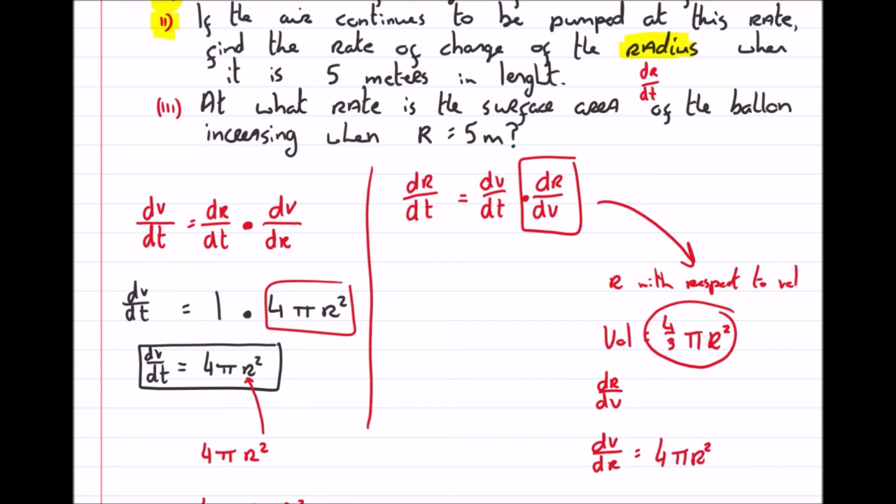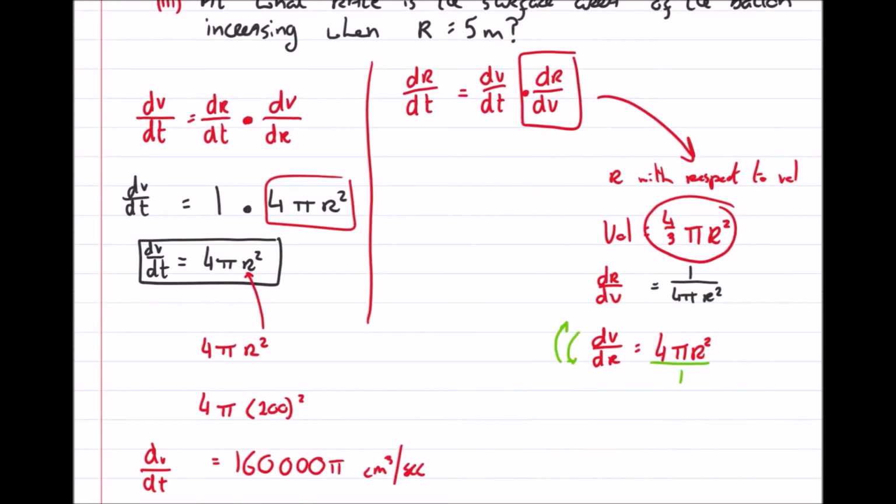However, I want dr/dV, so I need to flip this around. So put that over 1, and then flip it upside down, and I get 1 over 4 pi r squared. Okay, so let's solve this.